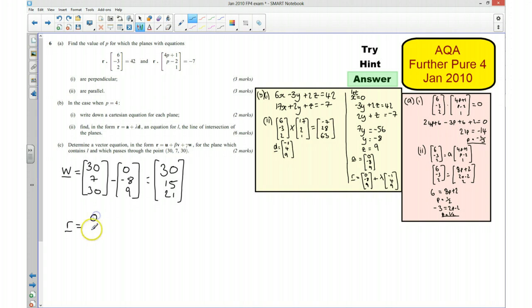So I've got 0, negative 8, 9 plus beta times vector v, we chose this one, so negative 1, 4, 9, plus gamma times, and this is our other direction vector, 30, 15 and 21. I could have simplified that. I could have divided all of those by 3 if I wanted to, but there you go, and there's our answer for part C.